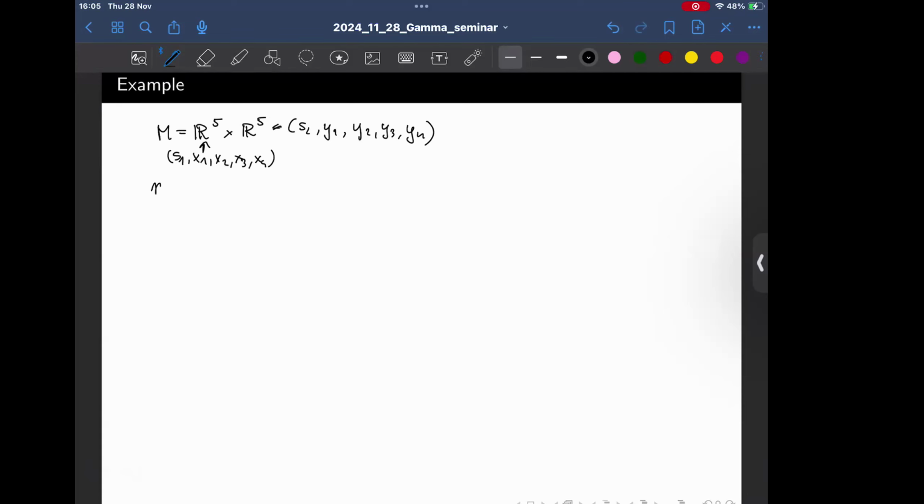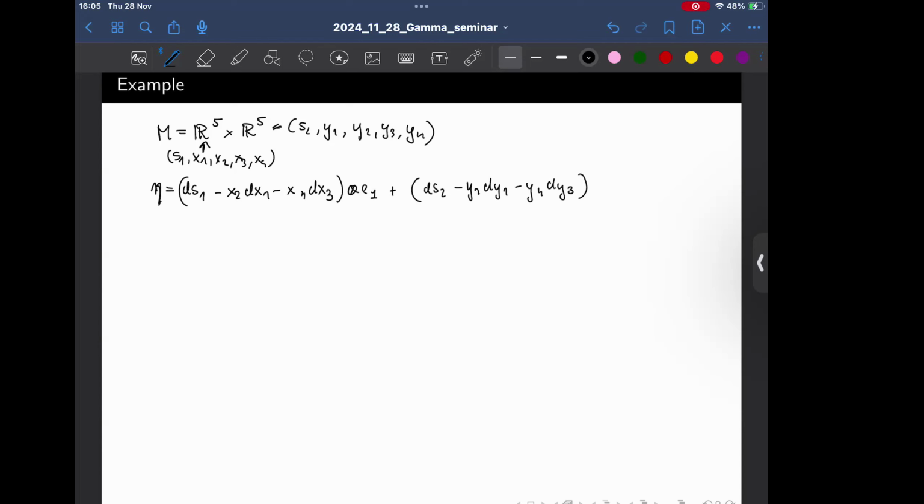The k-contact structure is given by ds1 minus x2 dx1 minus x4 dx3, plus ds2 minus y2 dy1 minus y4 dy3.